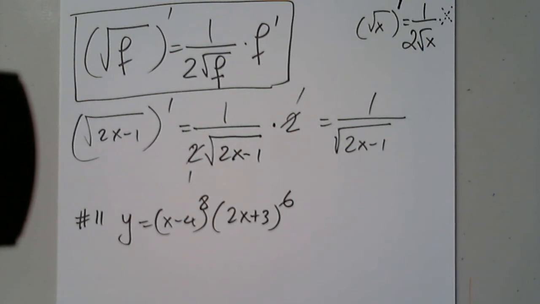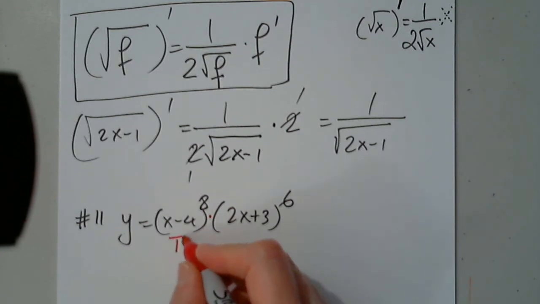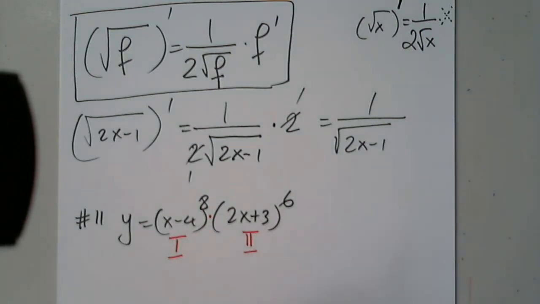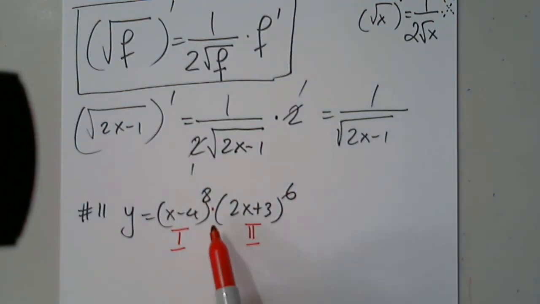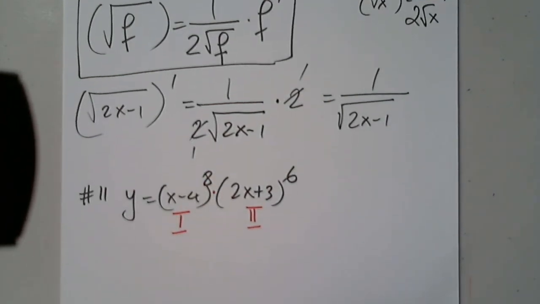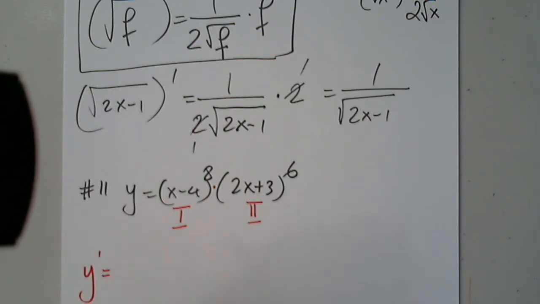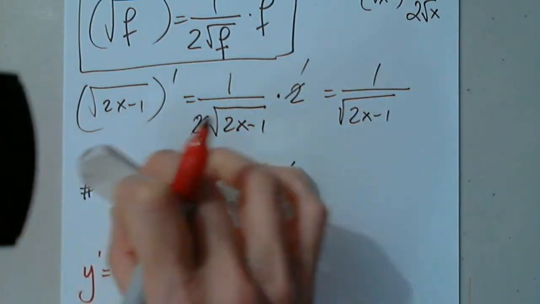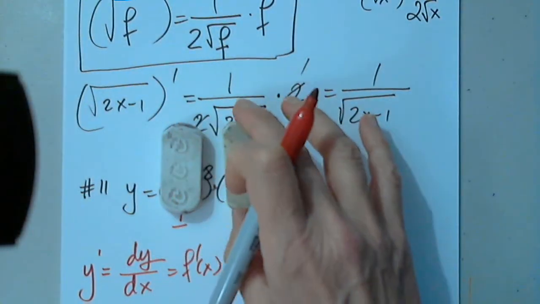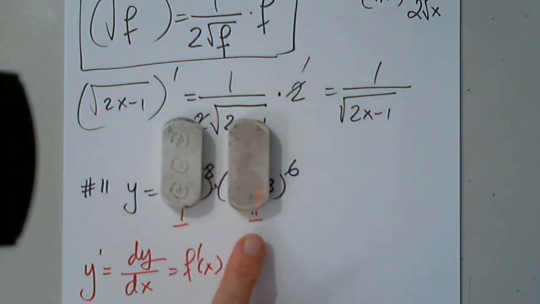So notice that this requires a lot of work because, first of all, it's a product, function number 1 and function number 2. And also I see powers. So I have to use the product rule, the chain rule, the power rule. It's a lot of work. So let's try. Y prime or dy over dx or f prime of x, they all mean the same thing. Remember this is a product: the first function prime times the second one.